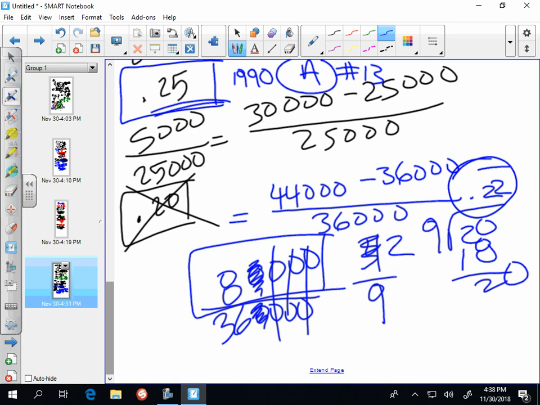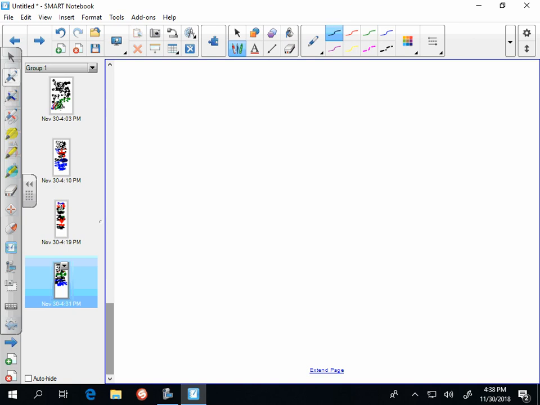Okay, problem 14. Let's take a look. Problem 14 says, what percent of participants experience severe side effects? Read carefully. It's not just F that has severe side effects, but also C has severe side effects. So F was 27.75%.